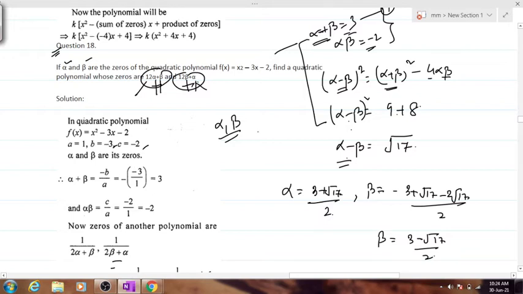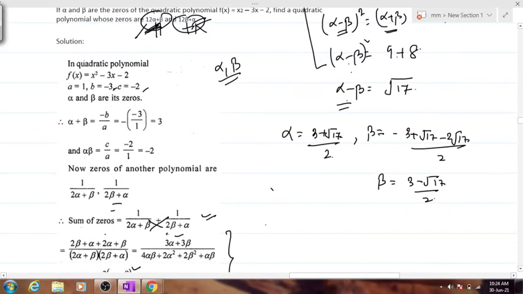This is our beta. Can we calculate this one? 12 alpha plus beta. 12 alpha plus beta will be equals to 12 into alpha, which is 3 plus root 17 by 2, plus beta, which is 3 minus root 17 by 2.